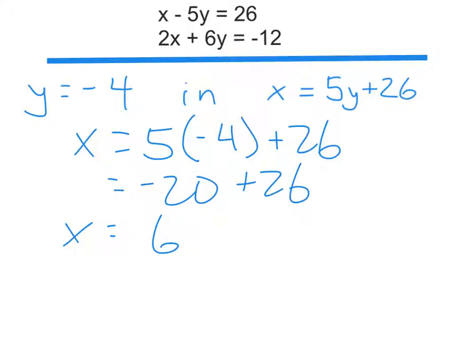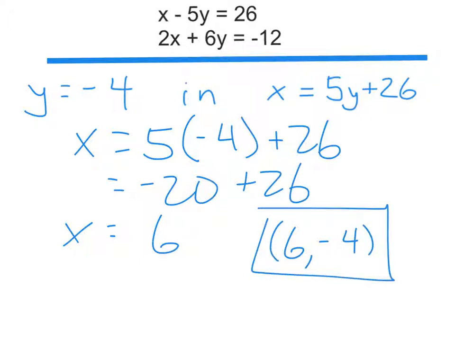So there we go. Our final answer: x is 6, y is negative 4. We could write that as a point, 6 comma negative 4. That is the one solution to the system of equations. Remember, graphically that means if you were to graph these two lines, that's the exact point where they would cross.